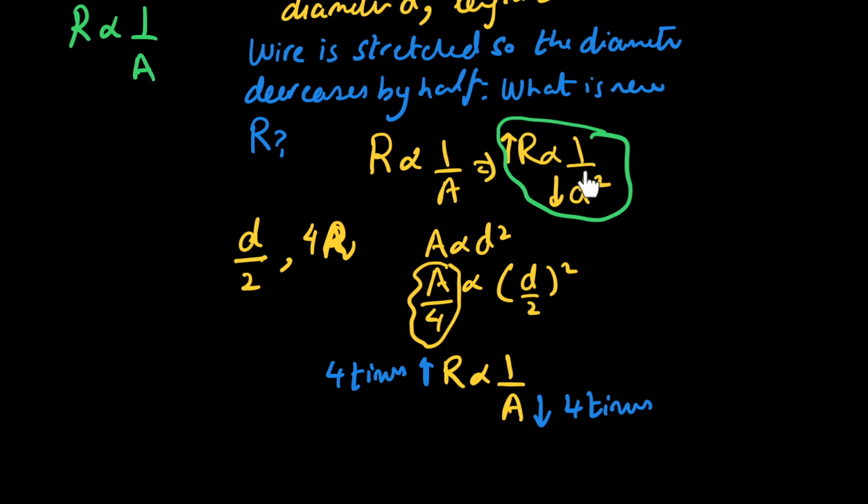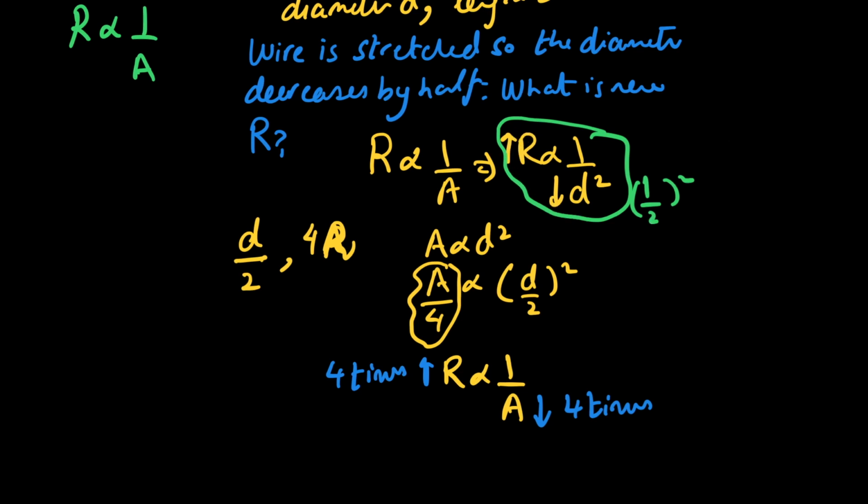Resistance is inversely proportional to diameter square. Diameter decreases by half. So what is 1 by 2 square? The answer is 1 over 4. And because they have an inverse relationship, if the diameter goes down by a factor of 4, the resistance will go up by a factor of 4.